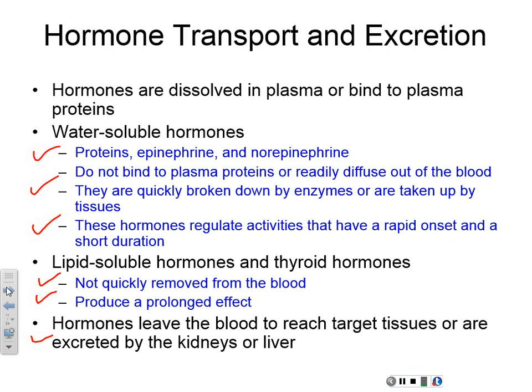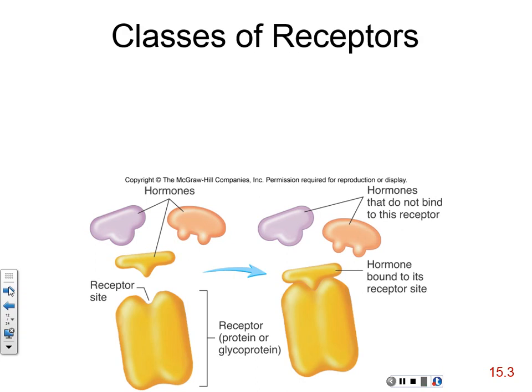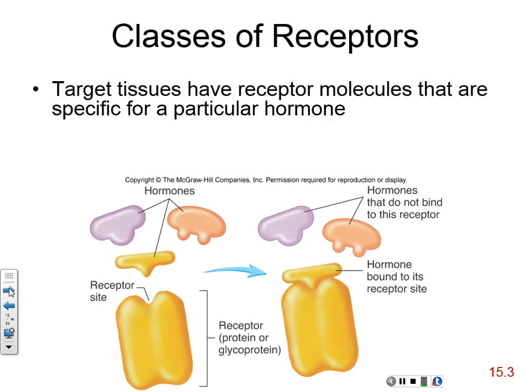So pretty much know these two major groups, the protein-soluble hormones and the lipid-soluble hormones, because they influence the activity of the hormones and the speed of the activity. Like we've said, target cells for hormones will have a receptor for it, because the hormones are spread throughout blood.